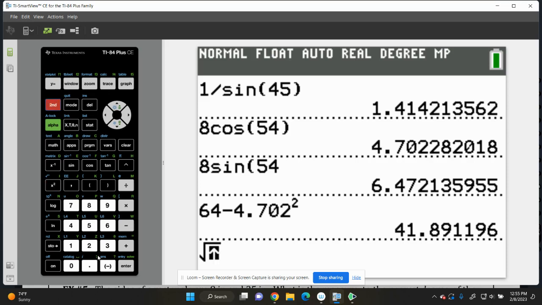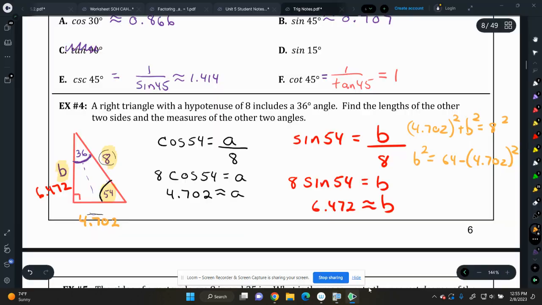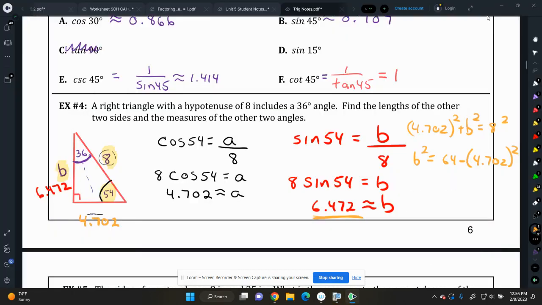And I get 6.472472. Okay, we would have rounded it to the same value, but see how it's just a little bit off, right? So in this case, we would have come up with this correct value rounded to 3 places, but the actual value is a little bit off, okay? And that just bothers me. So I don't like to use rounded values when I'm calculating something because we could be off by a little bit, okay?